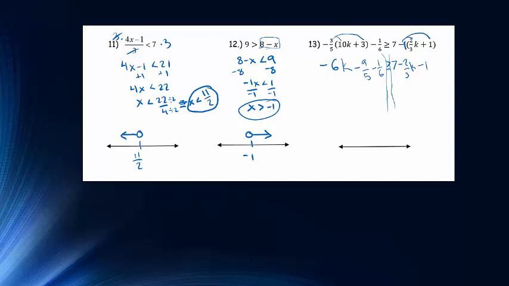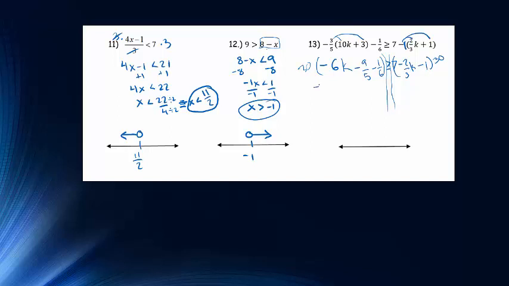Right, I don't like all the fractions, so I'm going to multiply by the LCM of the denominator. So it looks like 5, 6, and 3. The LCM of those would be 30. I'm going to multiply both sides by 30.